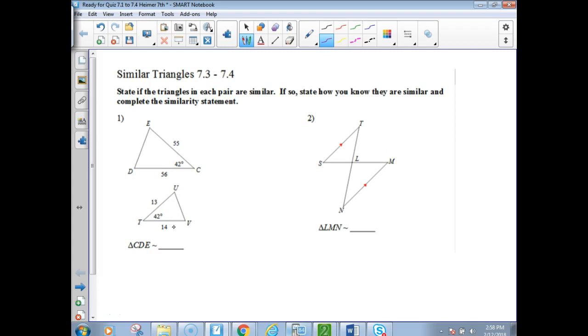So what I think you should do is say, well, 5 is the smaller number on the first triangle. What's the smaller one on the second? Yeah, the 13. So I need to check if 5 over 13 equals, now I got to compare the other two sides, 56 over 14.